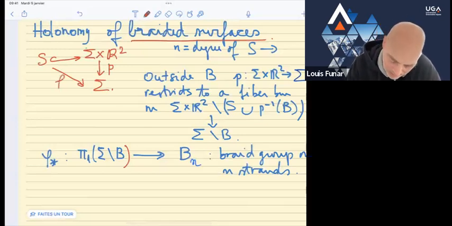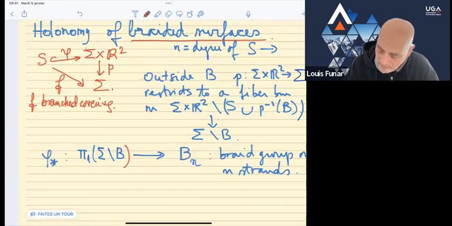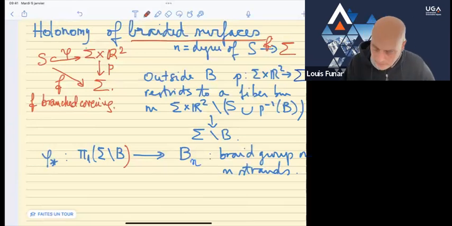I call that F, and this phi, and F is a branched covering. And we call n the degree of S going to sigma, the degree of F. This is the degree of the braided surface.